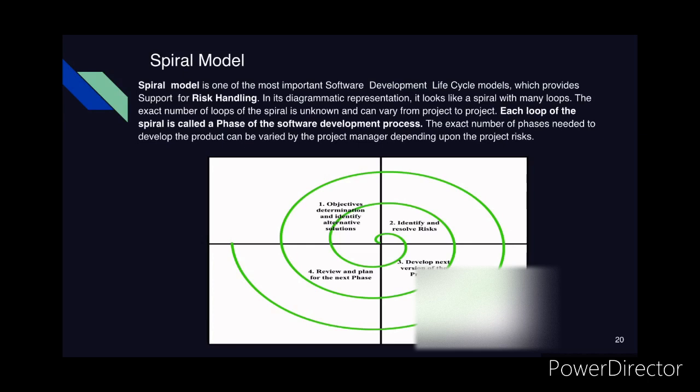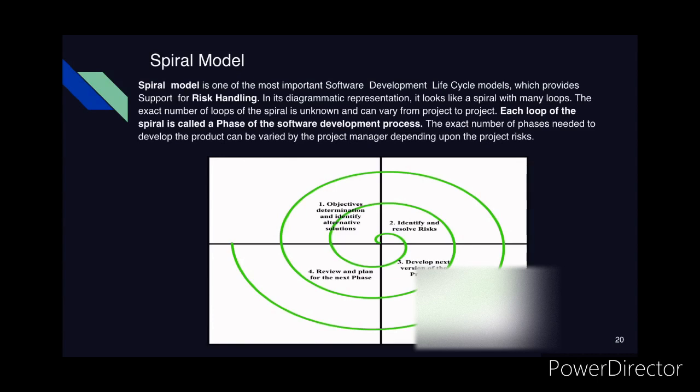Such risk resolutions are easier done by developing a prototype. That is why we develop a prototype in spiral model. The spiral model supports coping up with these risks by providing the scope to build a prototype at every phase of the software development.